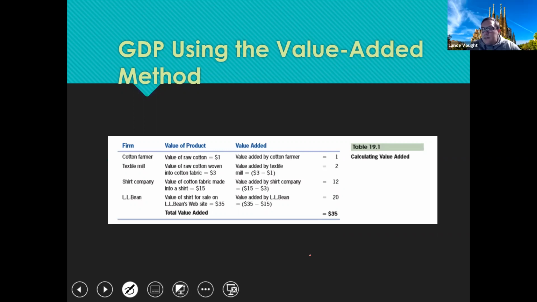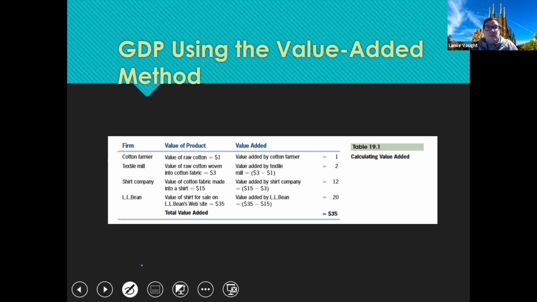He basically sells the next person in the supply chain that cotton for $1. So the cotton farmer sells the raw cotton to the textile mill for $1. Basically, they went from cultivating land and growing cotton, so it had a value of nothing, and then that cotton has a value of $1. So you end up with creation of $1 in value.